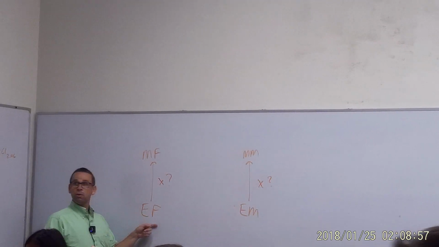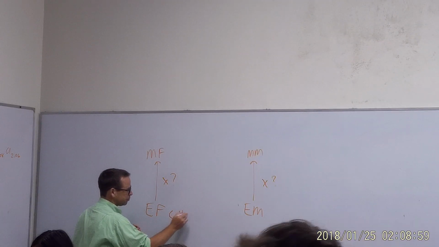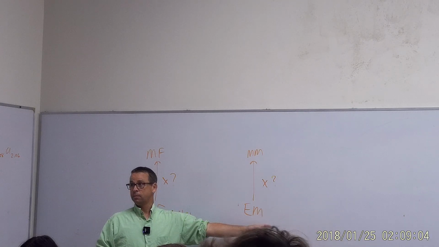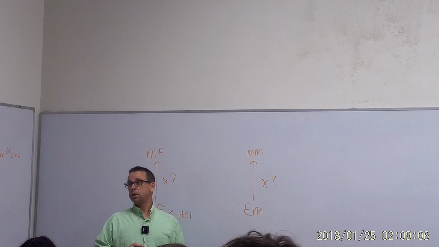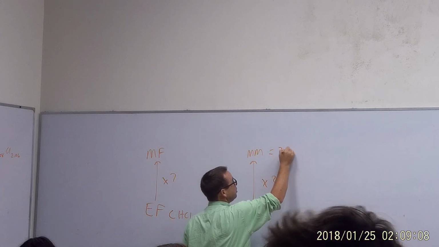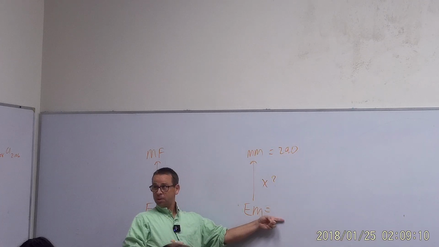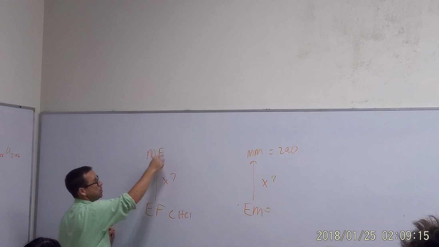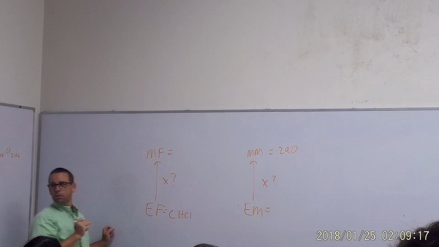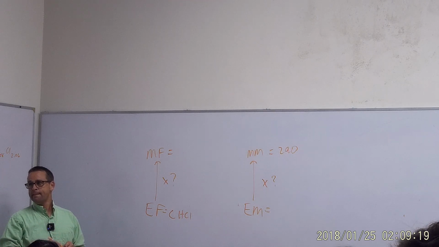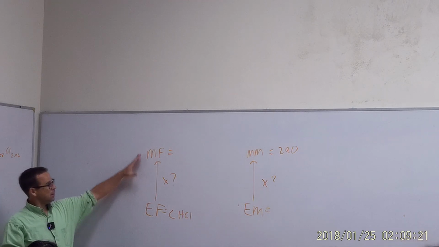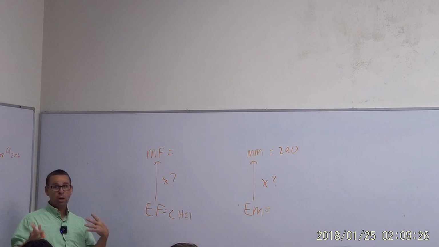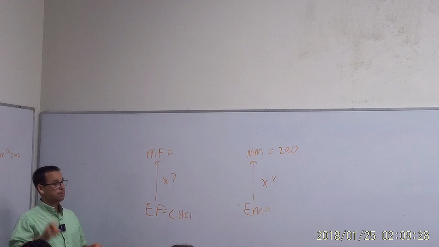So we have the empirical formula, so we can identify what the empirical mass is. The molecular mass is 290. If we can identify the empirical mass, then we can identify this multiplier, and then use it here to get to the molecular formula. The multiplier is the same. And so here we're trying to identify what this multiplier is, right?